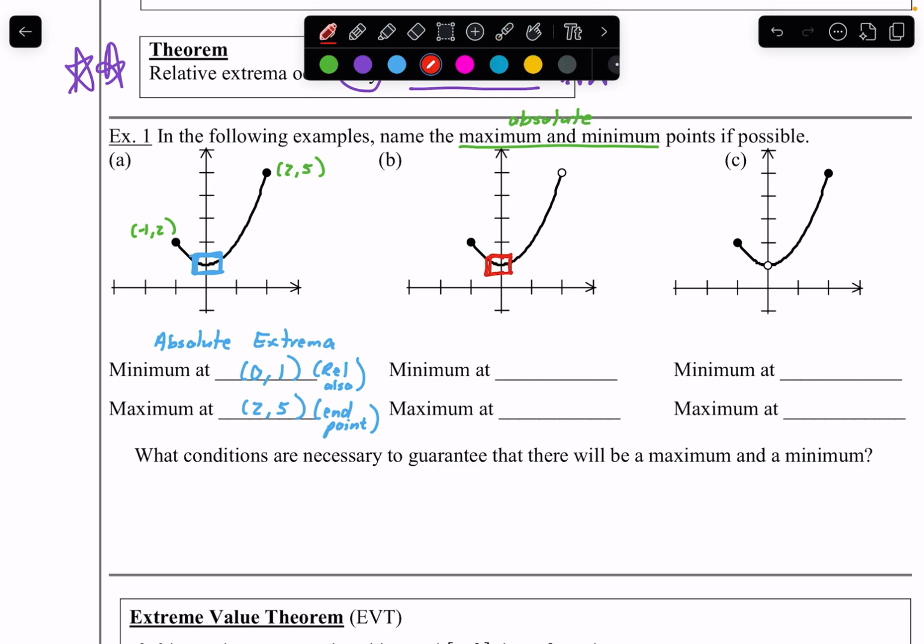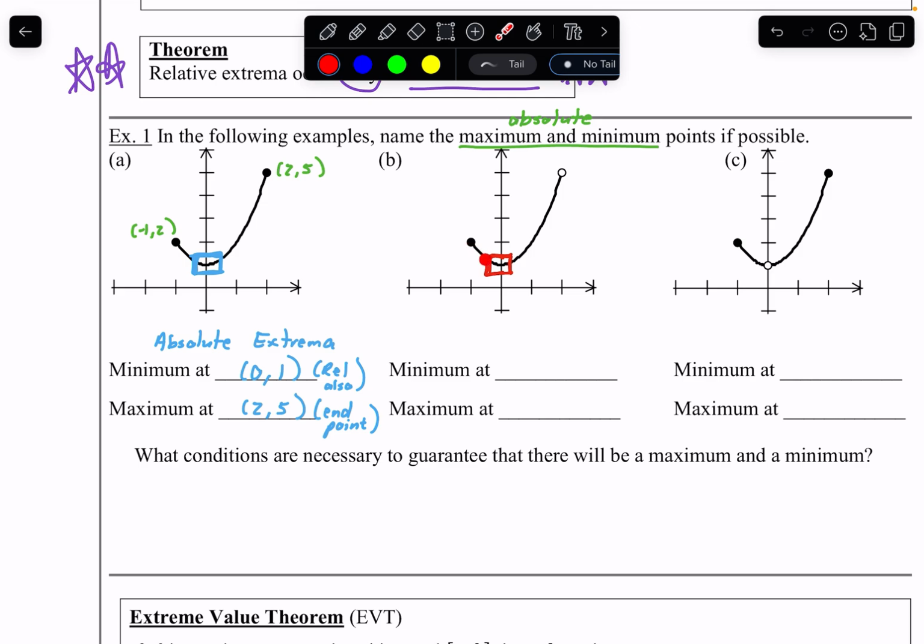The maximum is going to be a little bit different because this endpoint is now a hole. So I don't really have an endpoint. Well, what's my absolute maximum? I can't get close enough here. I know it's really close to 2.5, but I don't have a specific point that I can say is the maximum. Now, this looks like it might be considered a relative maximum, but for the purposes of our class, we're never going to call an endpoint a relative max.